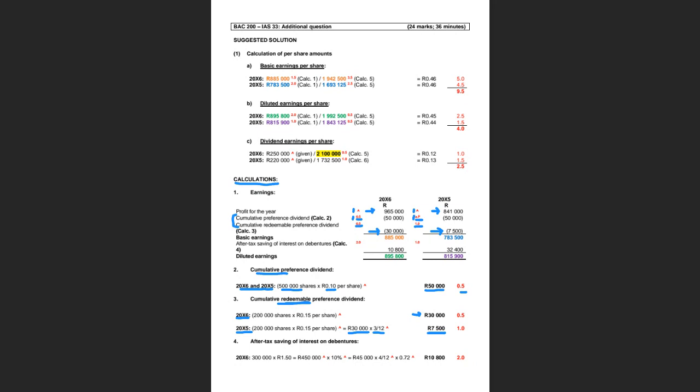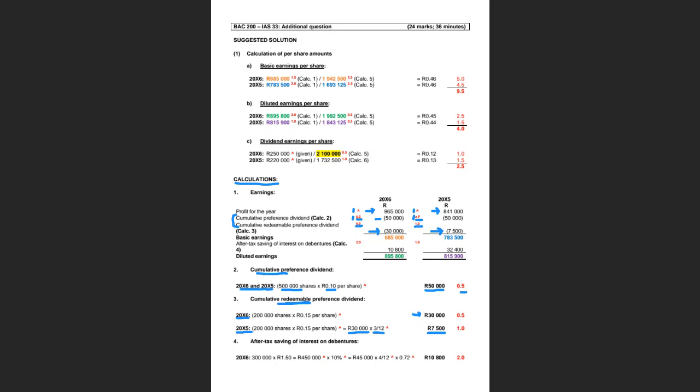Now the operation. Remember, I typed it out in the chat, but here is the logic behind it. We must minus or reduce the profit by the dividend. Why? Because the ordinary shareholders, the shareholders we're preparing this for, have no right to the preference share dividends.